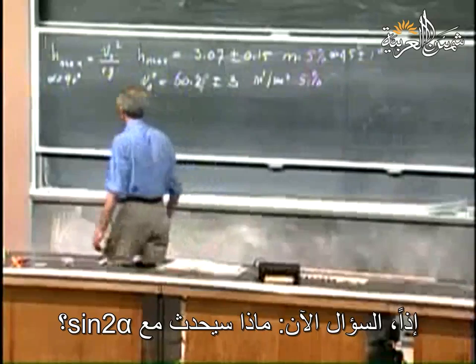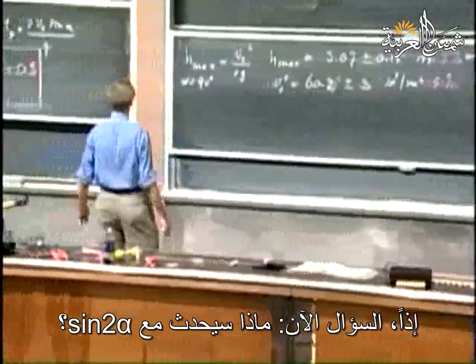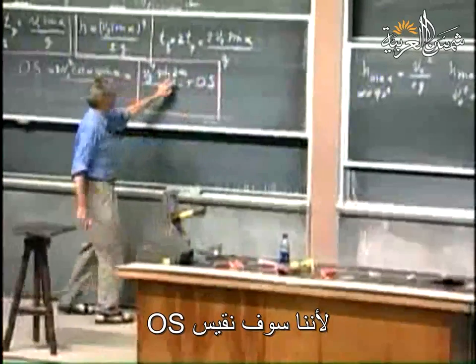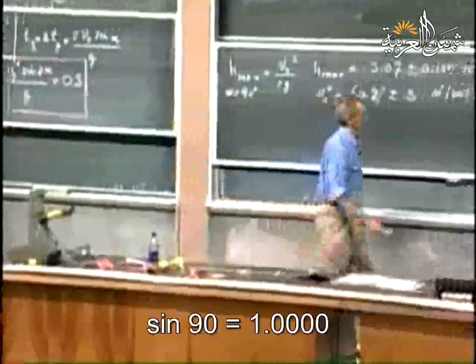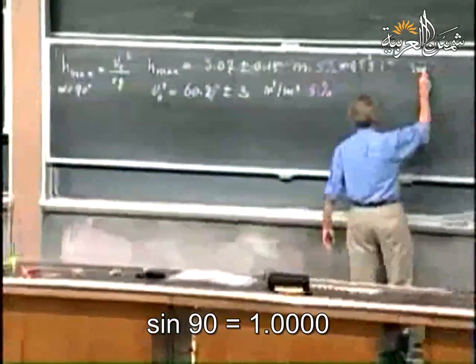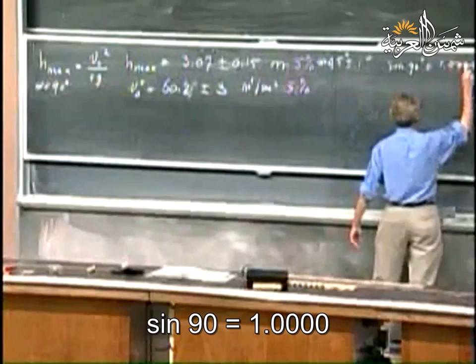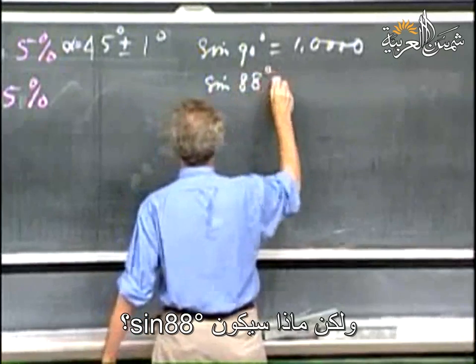So now comes the question, what happens with the sine of 2 alpha? Because we're going to measure OS. The sine of 90 degrees is 1.0000. But what would be the sine of 88 degrees?